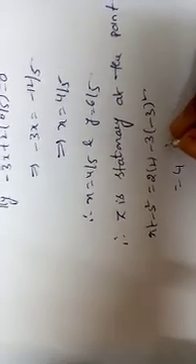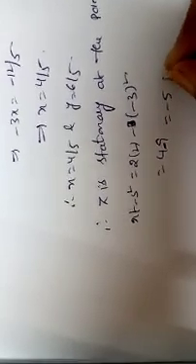So 4 minus 9, which implies minus 5. This value is less than 0.